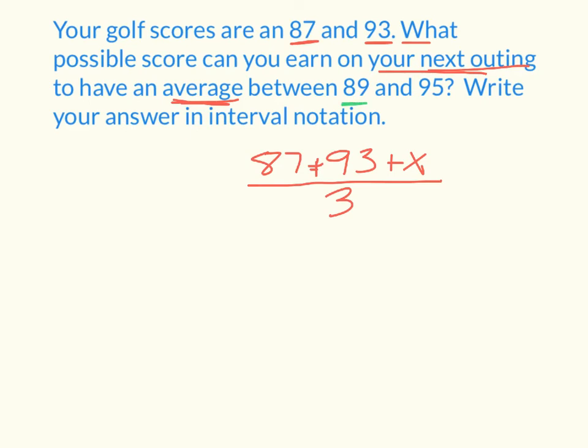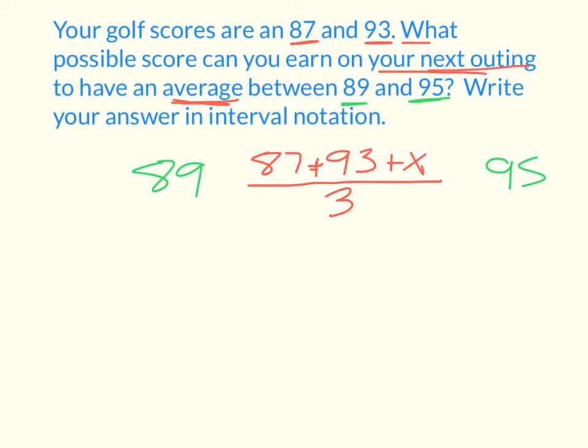We know that our score should give us an average that falls between these two numbers, 89 and 95. So your average is between. Again, notice how I'm putting the average in between the 89 and the 95. Here's my average.